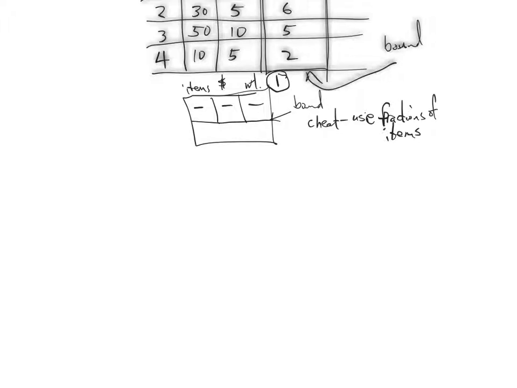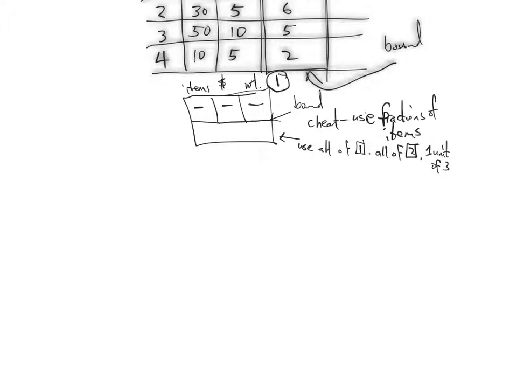So looking at the chart, the most we could possibly achieve is to use all of item 1, all of item 2, and some of item 3.